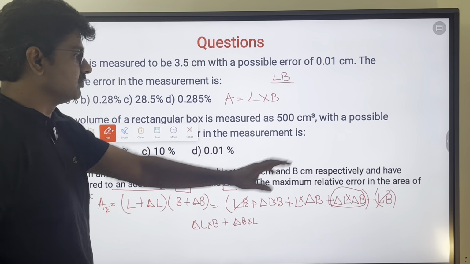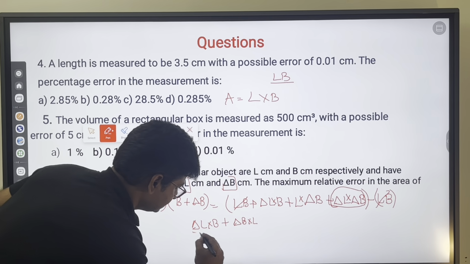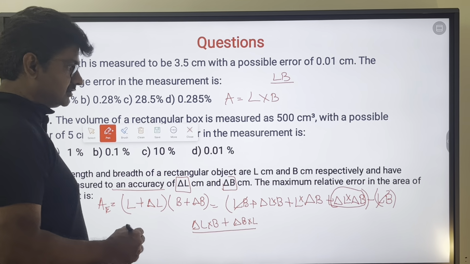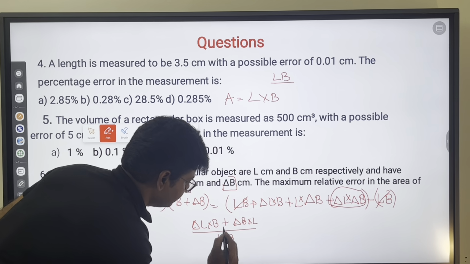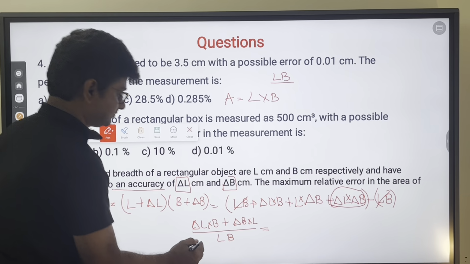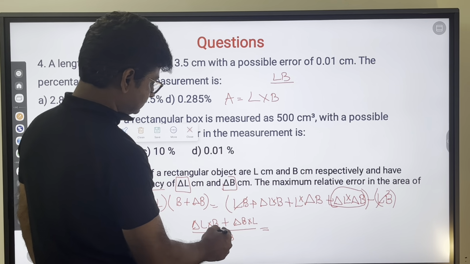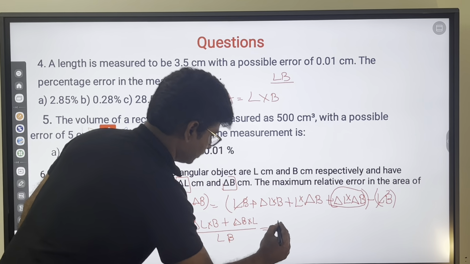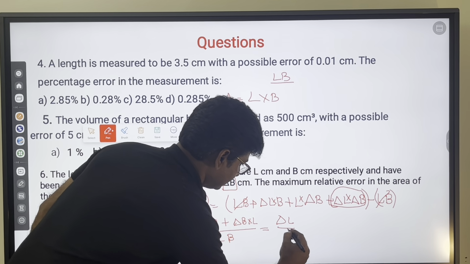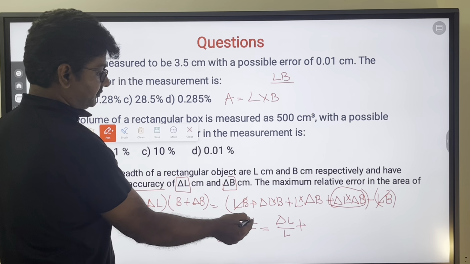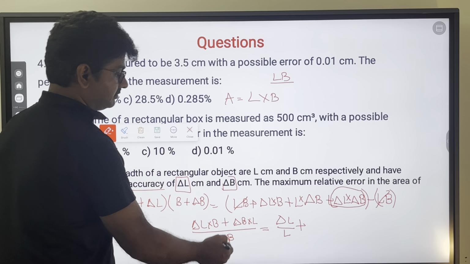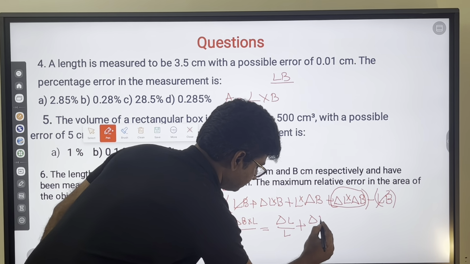What we need is relative error. Relative error means divided by the actual value, which is L into B. Now this is equal to what? B cancels here, so we get delta L by L plus, here L cancels, delta B by B.